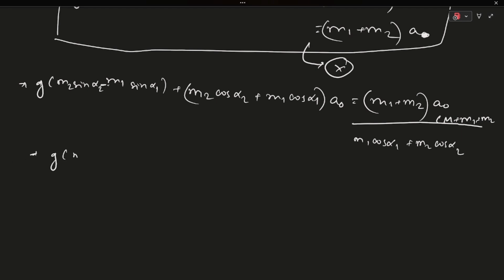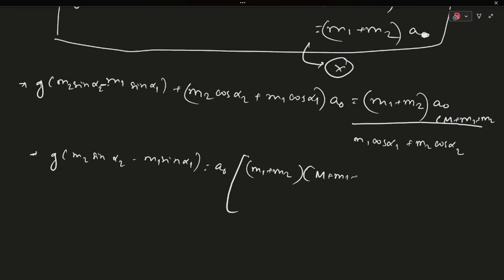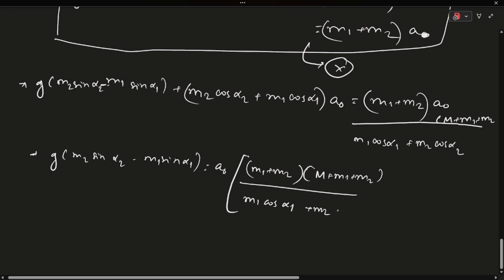That's all: g m2 sin alpha 2 minus m1 sin alpha 1, a naught common, m1 plus m2 divided by m1 cos alpha 1 plus m2 cos alpha 2.